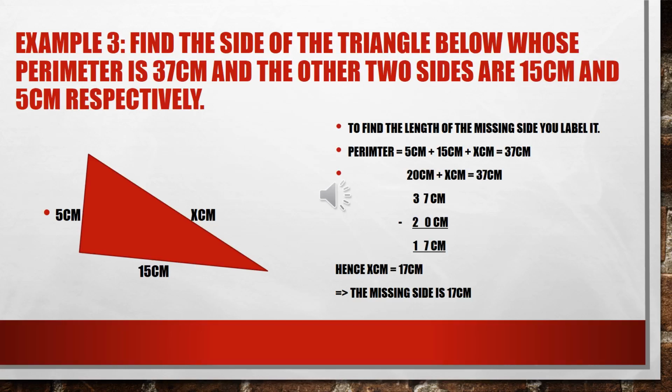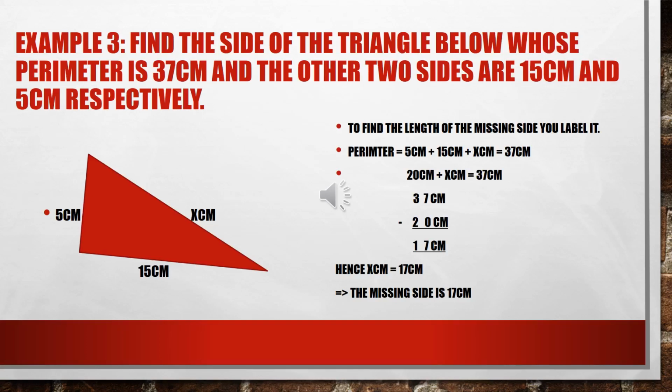Now, remember also that a triangle has 3 sides. The measurements of 2 sides have been given to us. We're told that one of the sides is 15 centimeters and the other side is 5 centimeters respectively. Now we're expected to look for the missing side, and the missing side has been called X.